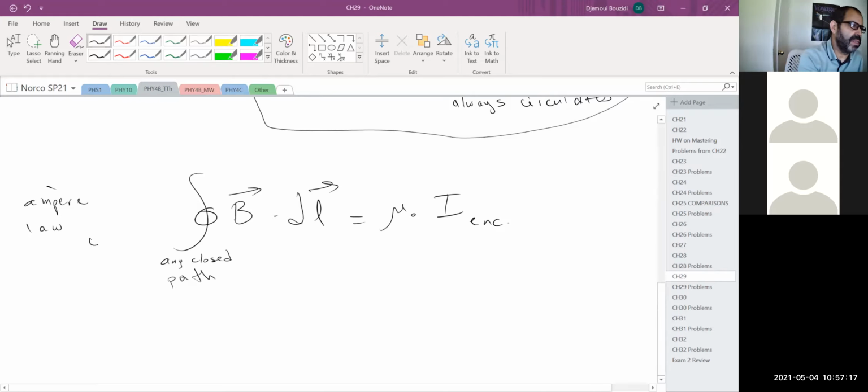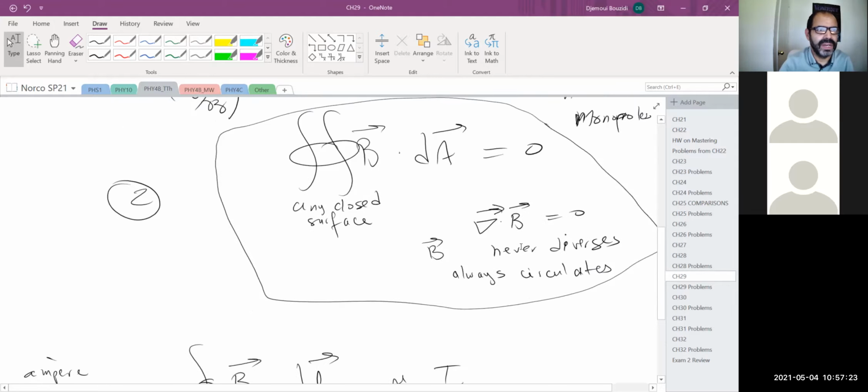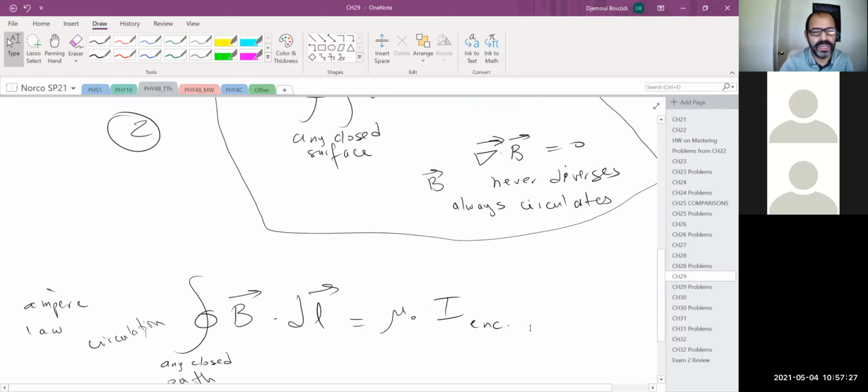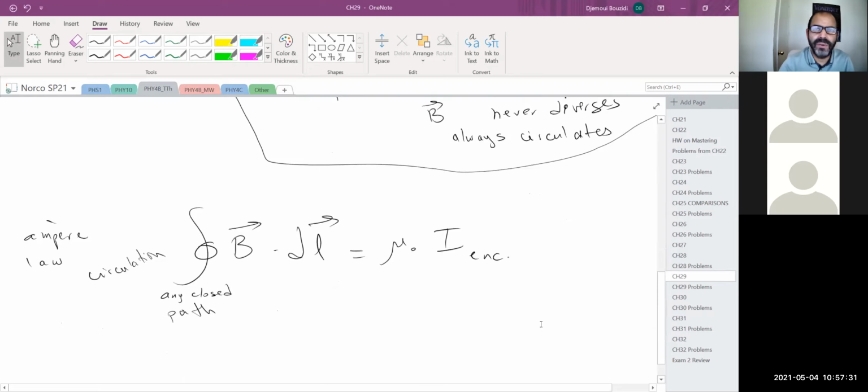So this is the circulation, basically, and this is how I'm defining it. Because remember, we just argued that the magnetic field does not diverge, which means it could circulate, and this is its circulation. So we know everything about the magnetic field because we know how it goes around and we know how it diverges, which it does not.